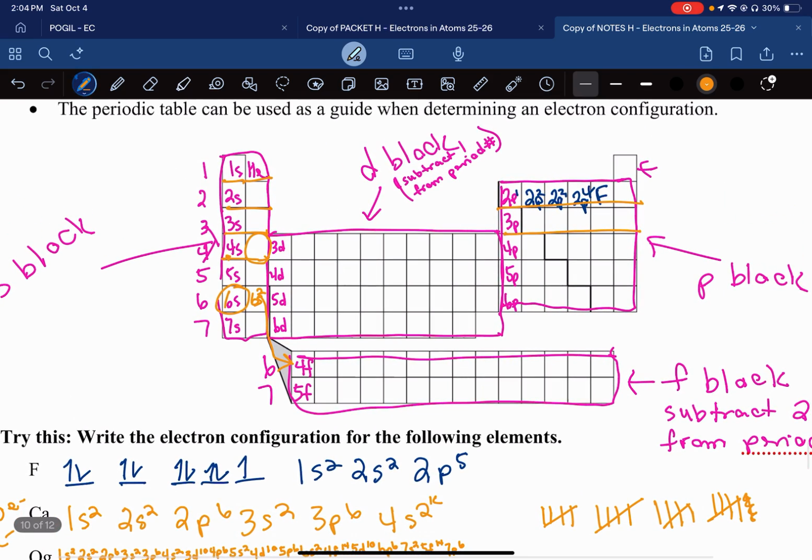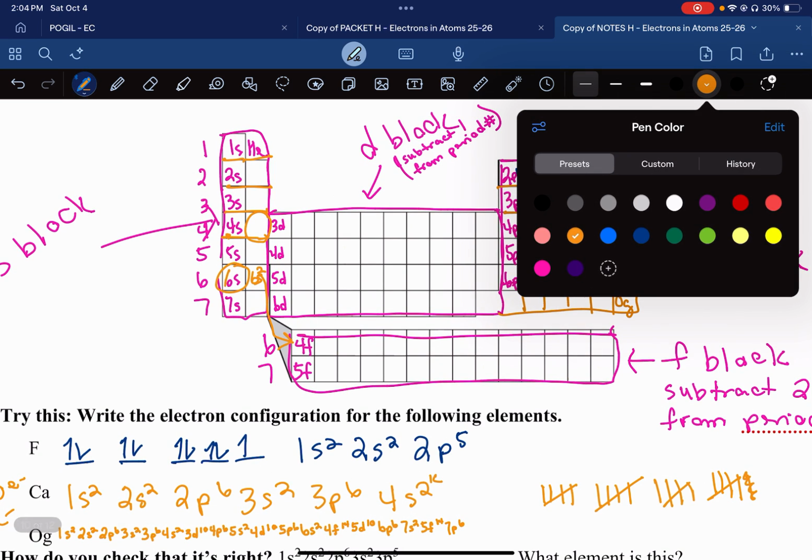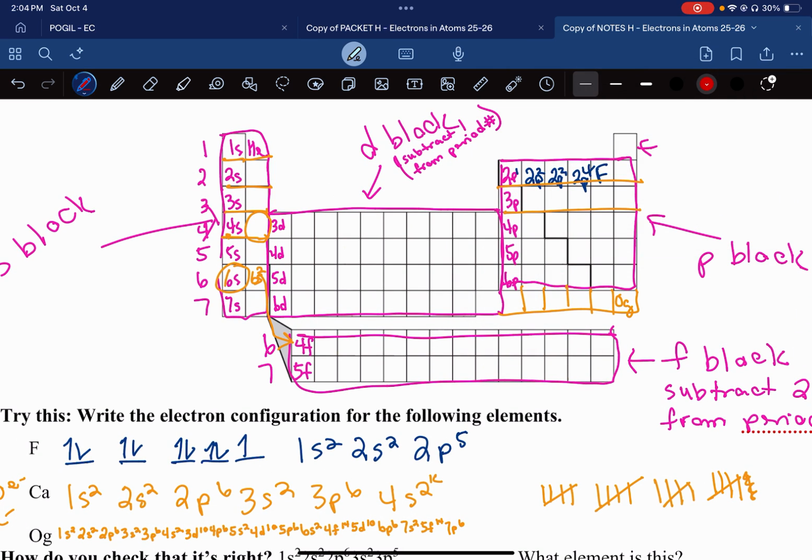The one that we're going for is right here. I'm going to get a different color just to show you my progression through here. We had here toward the end 6s1, 6s2, then we jumped down here to the 4fs. We went all the way through the 4fs. But then after we were finished with the 4fs, we had to pick back up here at 5d and go through and then back to 6p.